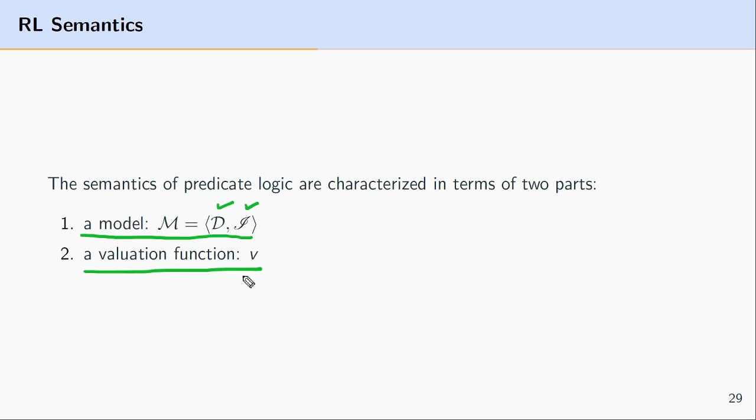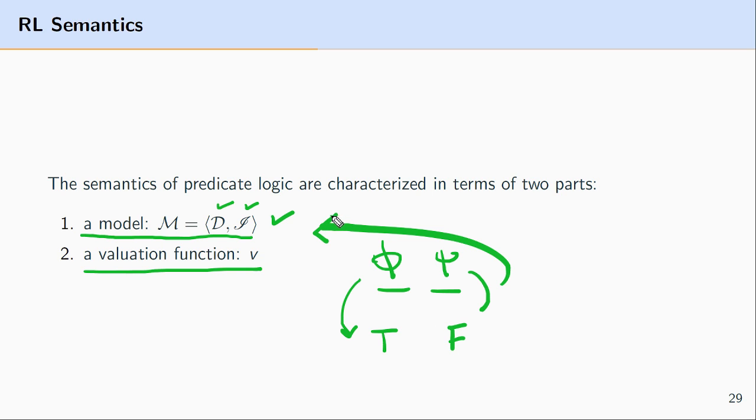What the valuation function will essentially do is take formulas from the language of predicate logic and using the model, so with respect to this model, it will assign these formulas truth values, true or false. And it's going to do that by using this model.